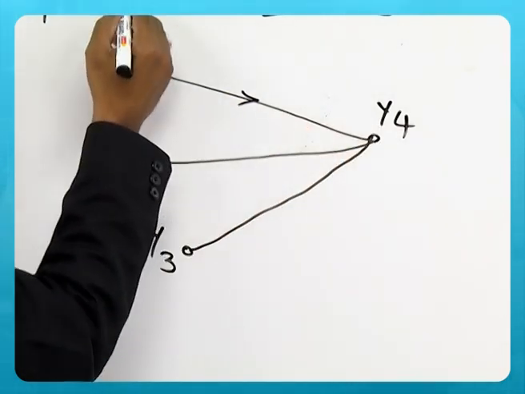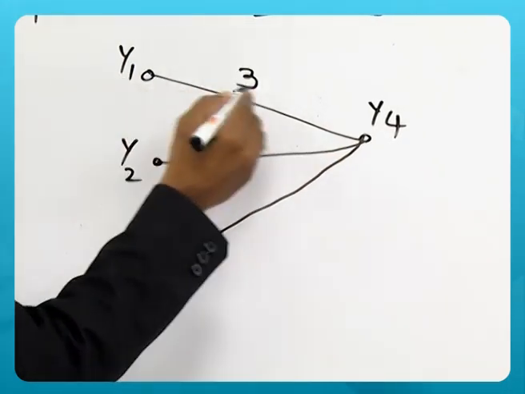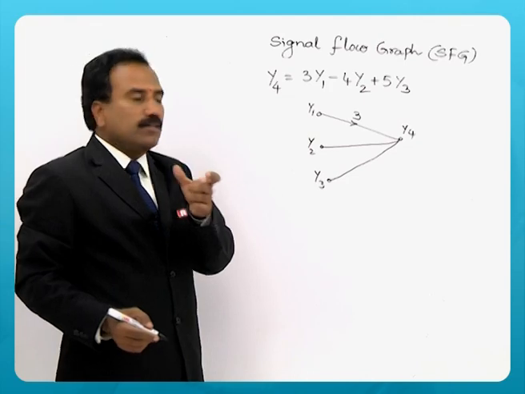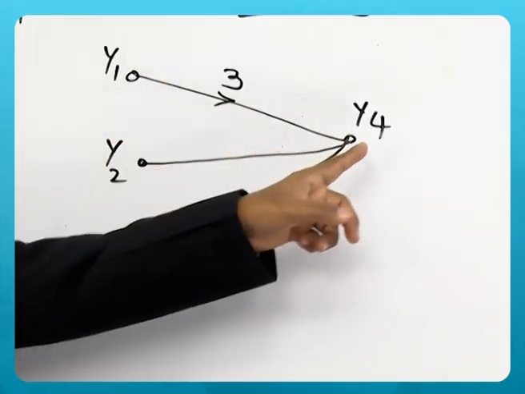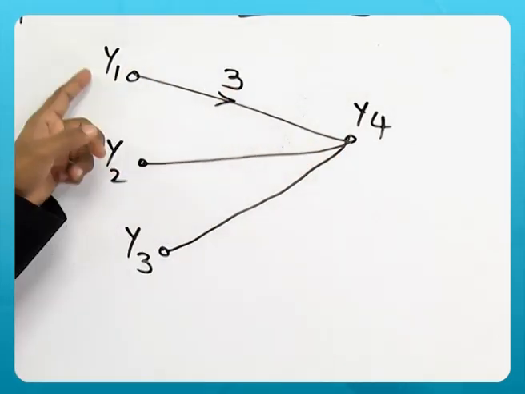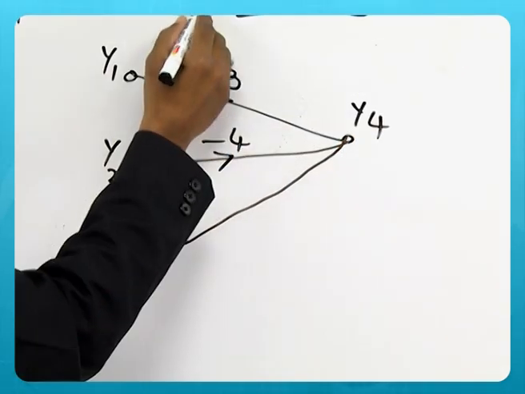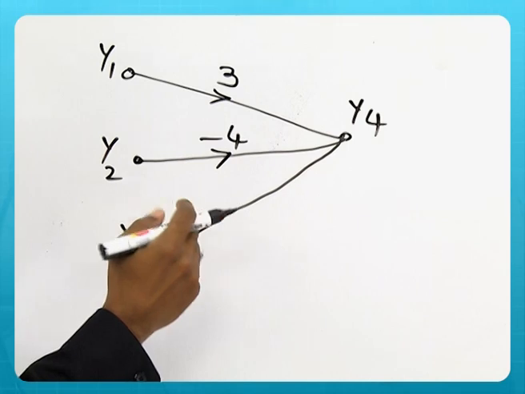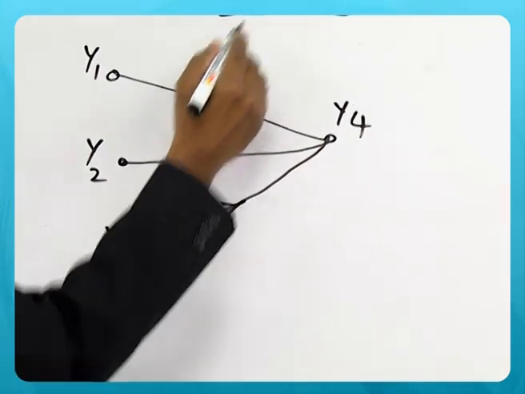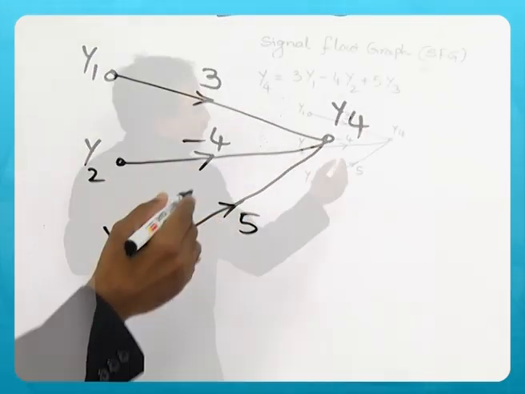Y4 is equal to 3y1, where 3 is the gain, y1 is the input. So y4 is equal to 3y1 minus 4y2 plus 5y3.